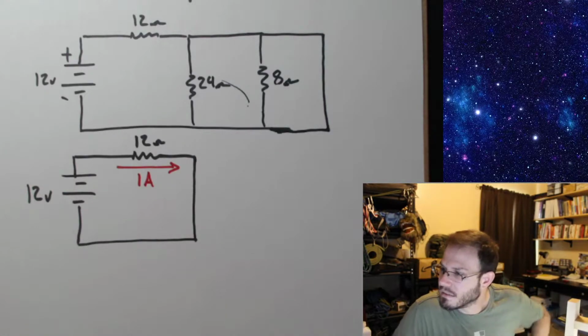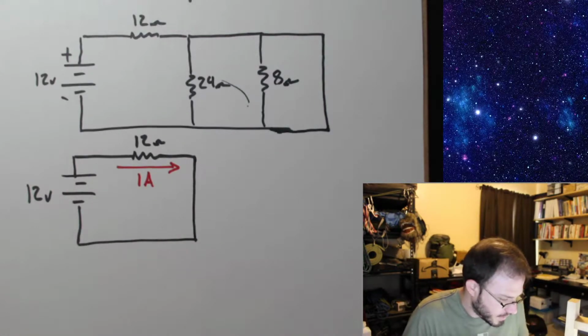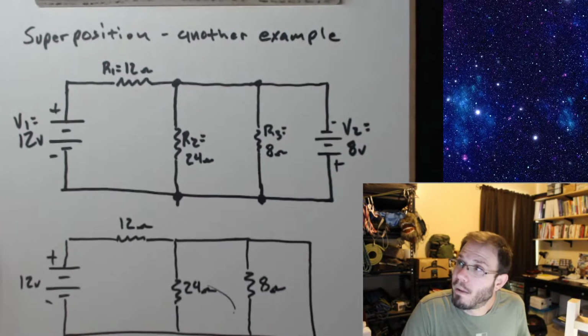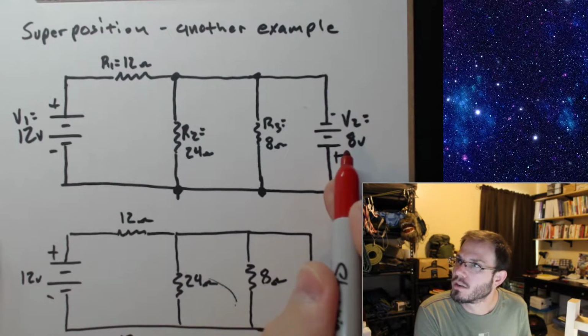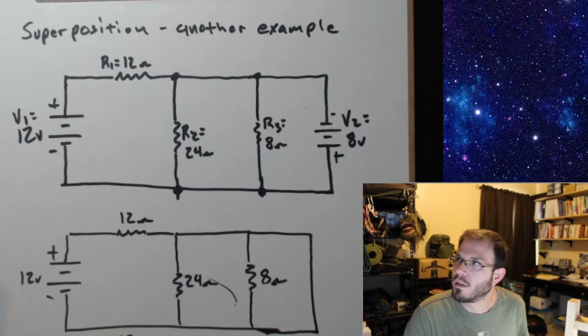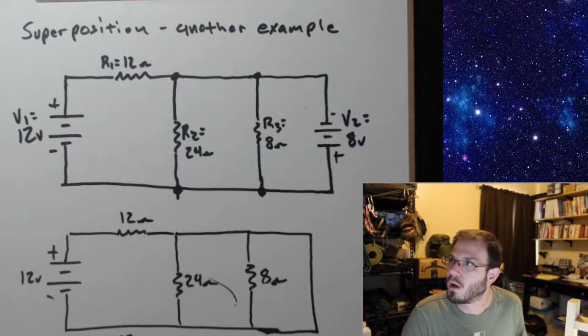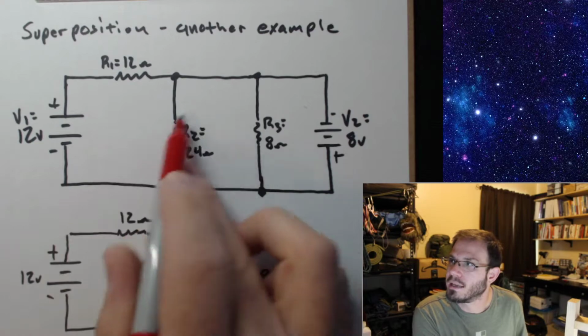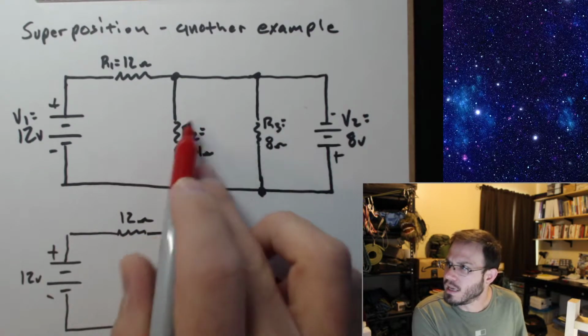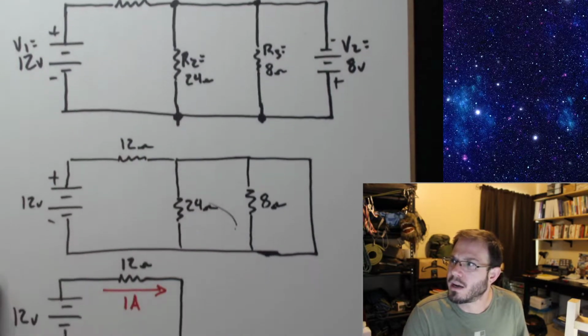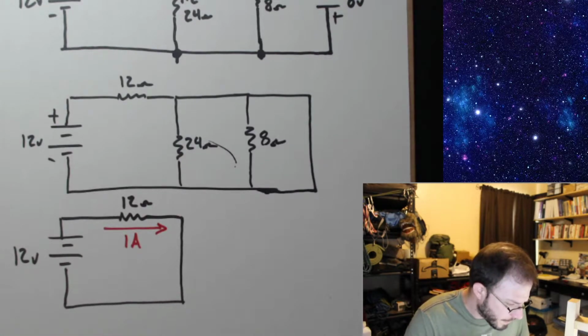And that is our first solution. Okay, so by disabling the 8-volt source, all we get is 1 amp running through R1, the 12 ohms, and 0 current going through these two. They effectively disappear here.